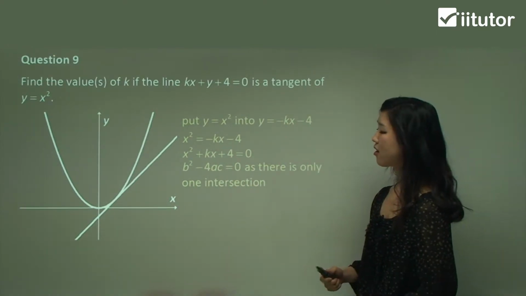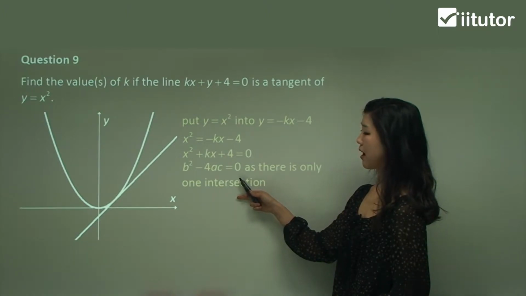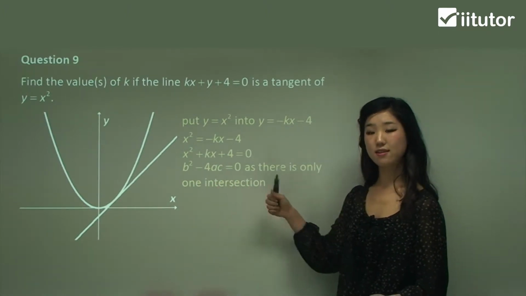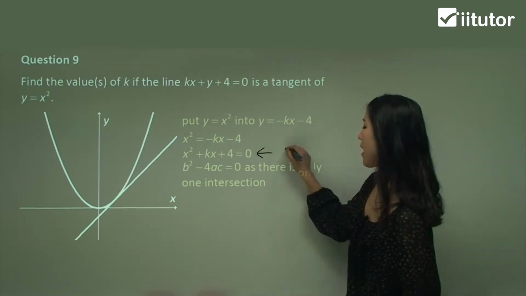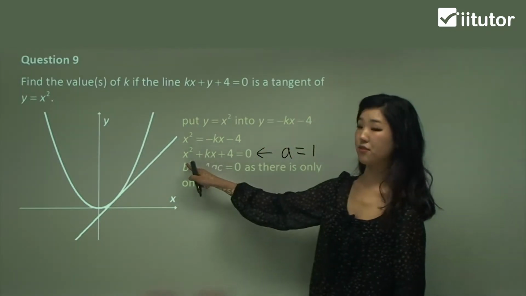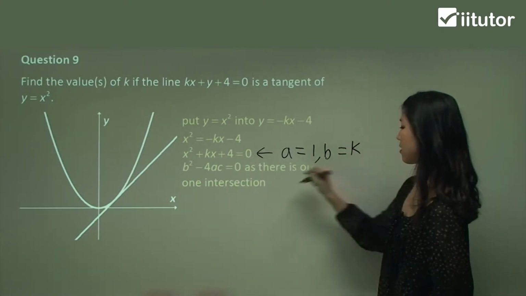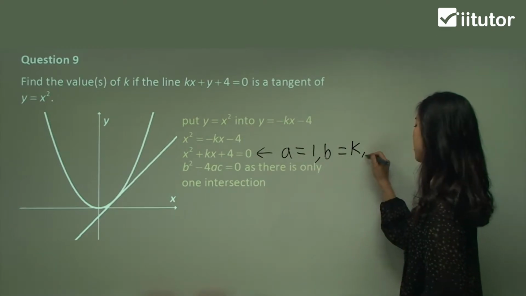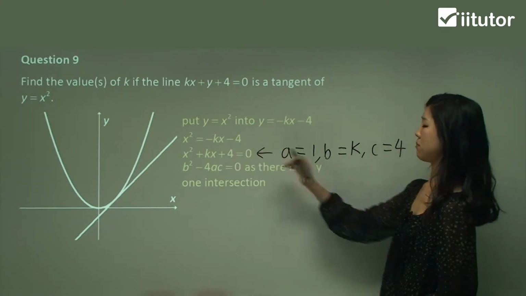Okay, so now that we've got the property, or the case, I'm going to apply my a, b, c into the formula. So you can see here, a is 1, the coefficient of x squared is 1, and b is k, the coefficient of x, and c is 4, the constant number 4.